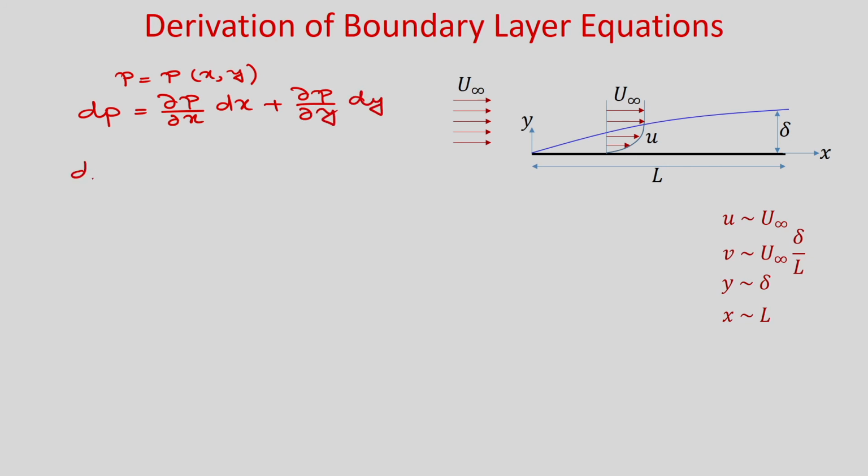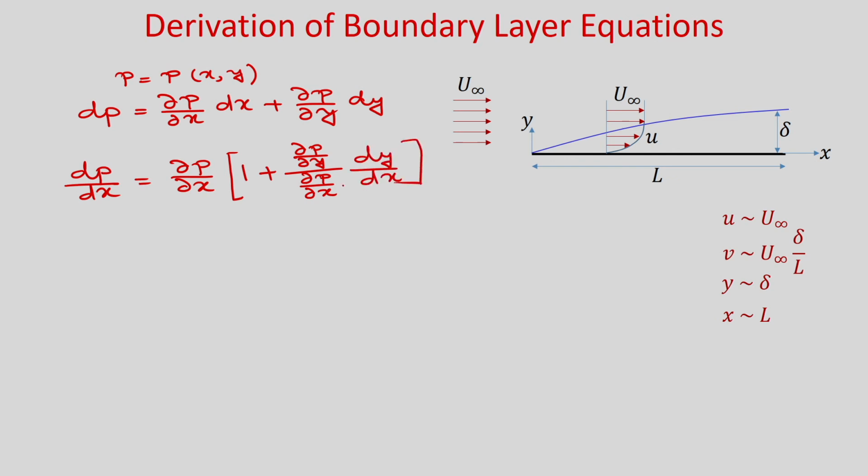Okay. So, dividing by dx, we can write dP by dx equals del P by del x, and you take it outside. So, it will be 1 plus del P by del y divided by del P by del x times dy by dx. Okay.